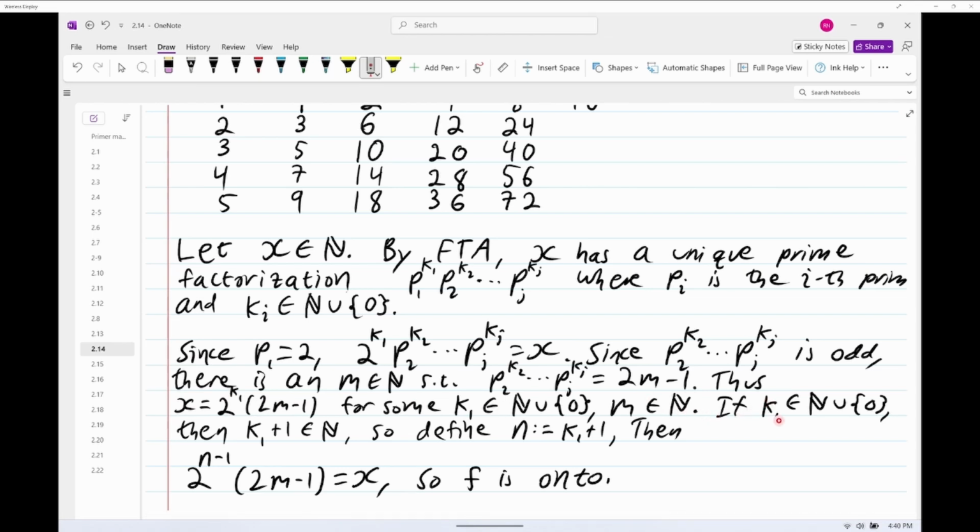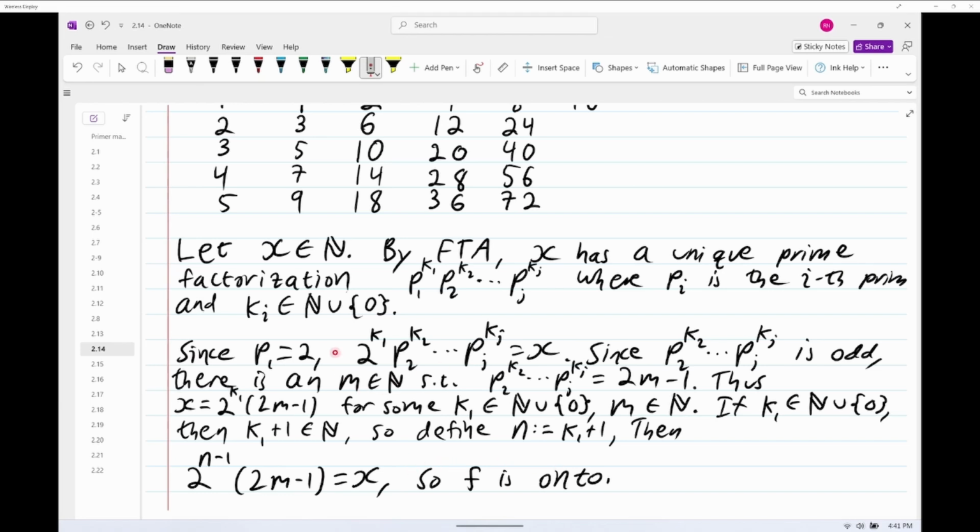If k1 is a natural number or 0, then k1 plus 1 is also a natural number. So we can define n to be k1 plus 1. Then 2 to the n minus 1 times 2m minus 1 equals x. So f is onto.